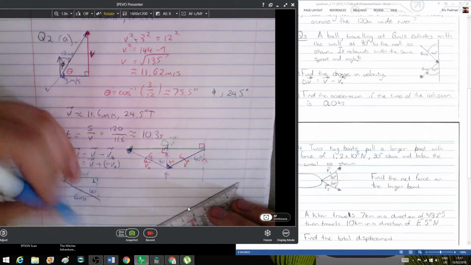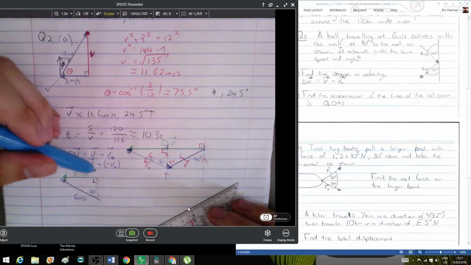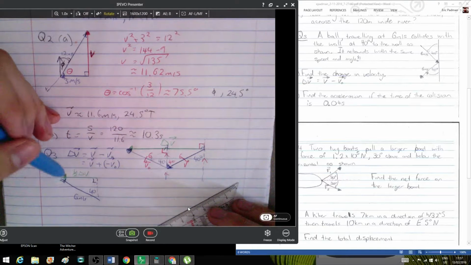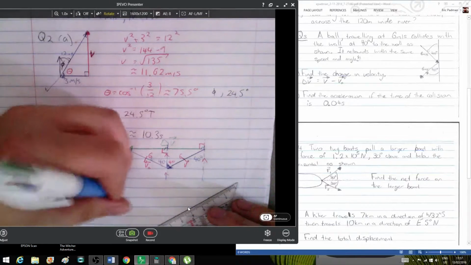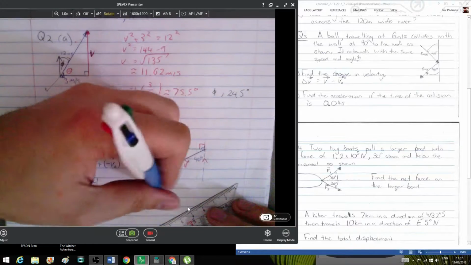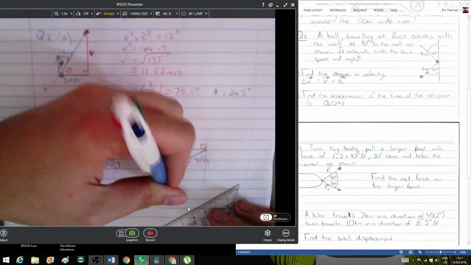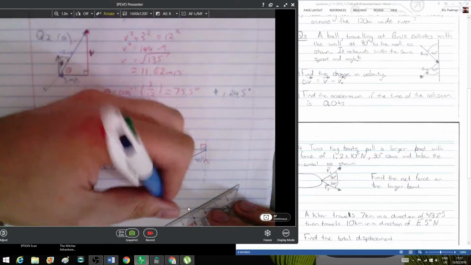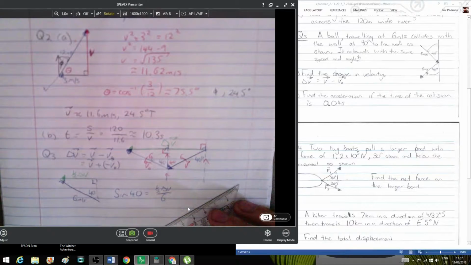But this is just going to be done with one equation. We've got opposite and hypotenuse, so it's sine. So sine 40 equals opposite over hypotenuse. Multiply the 6 across and times both sides by 2.